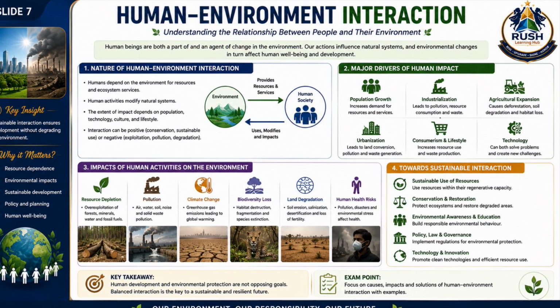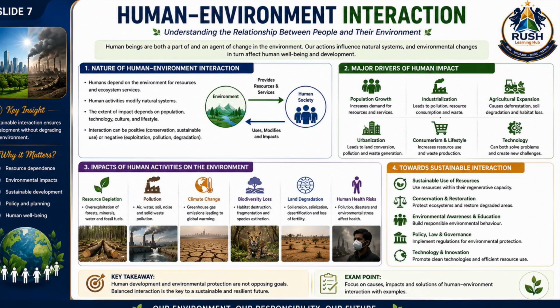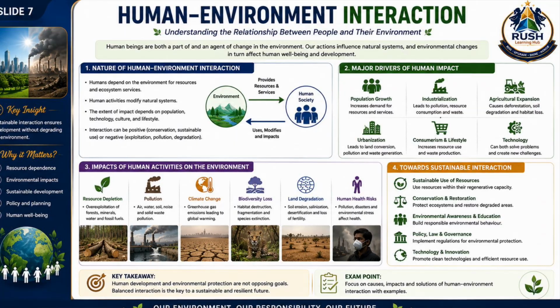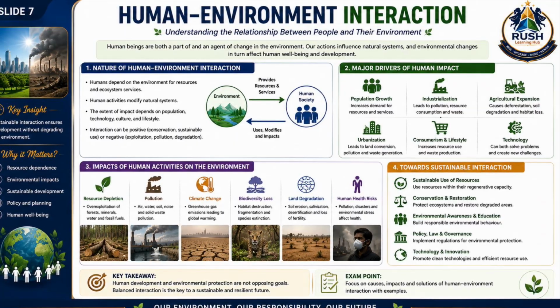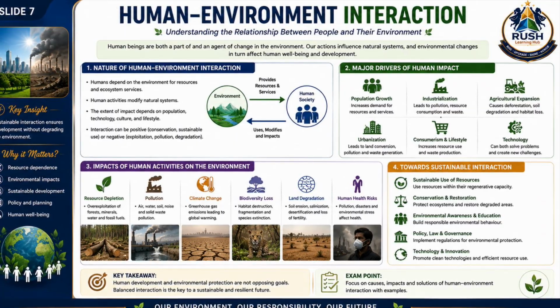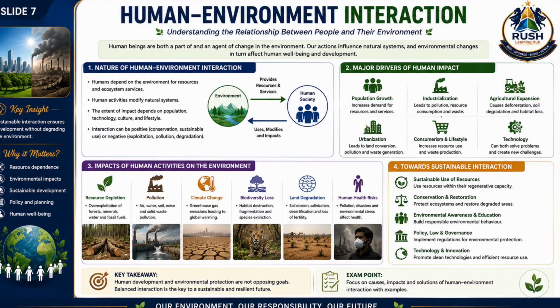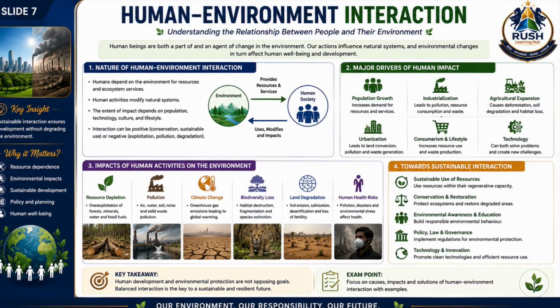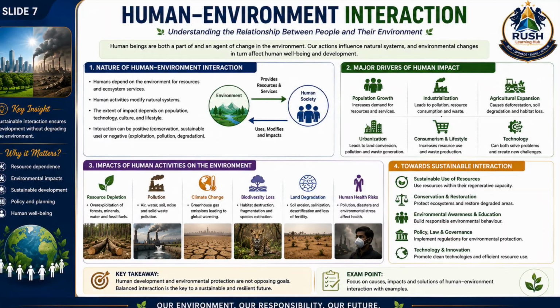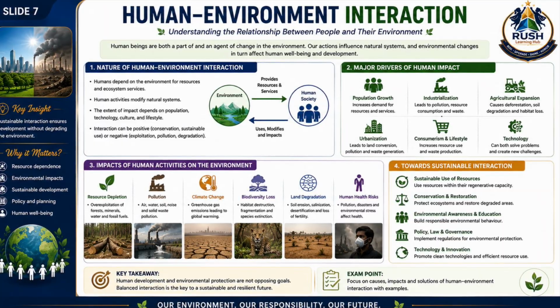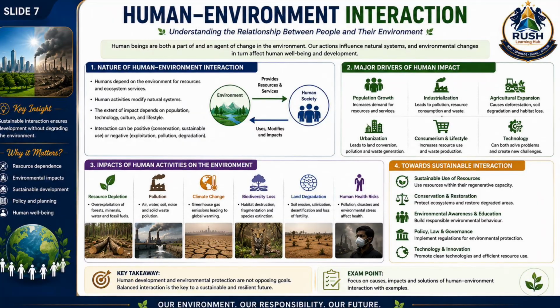Positive interactions include conservation, afforestation, watershed management, pollution control, renewable energy adoption, and sustainable resource utilization. Negative interactions include overexploitation of resources, pollution, habitat destruction, biodiversity loss, and environmental degradation.